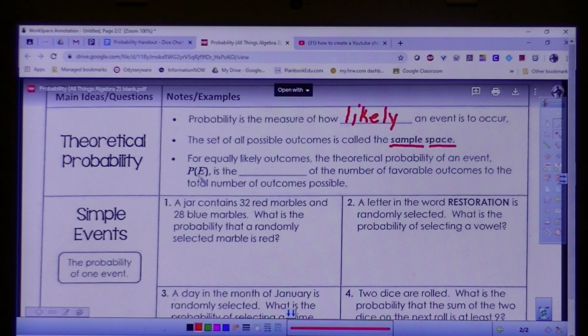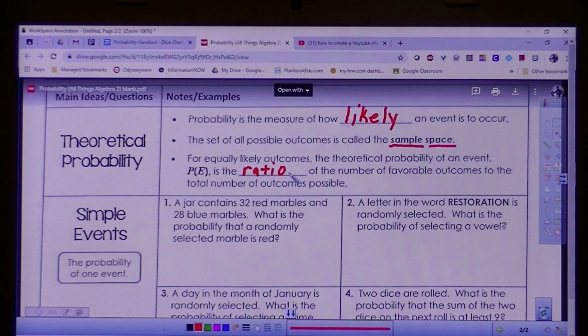For equally likely outcomes, the theoretical probability of an event, P of E, where P stands for probability and E is for whatever's going to be happening, is the ratio of the number of favorable outcomes to the total number of outcomes possible.